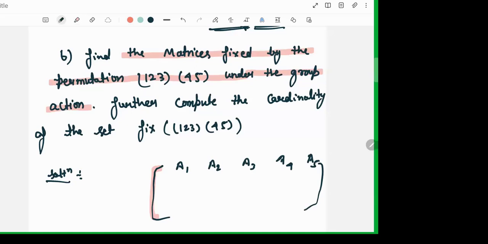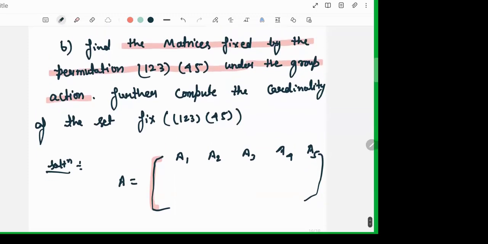If this permutation fixes this matrix A, that means A1 should be the same as A sigma 1. What is A sigma 1? It is A2. So A1 is the same as A2.